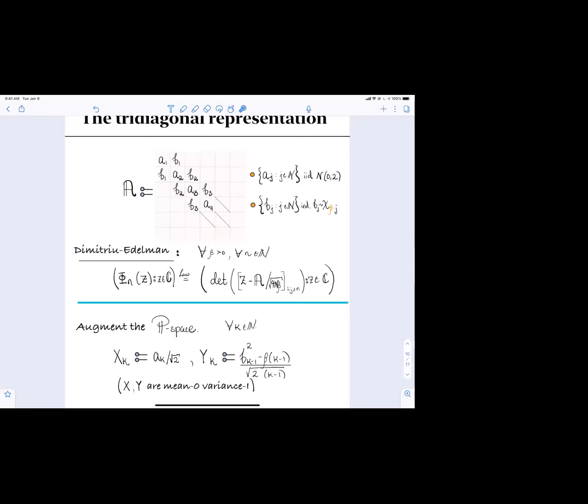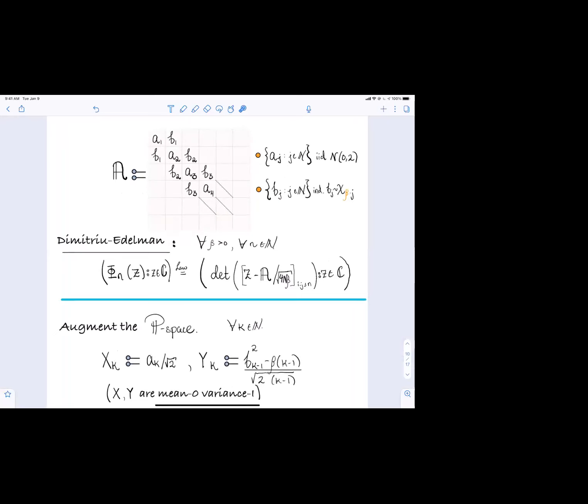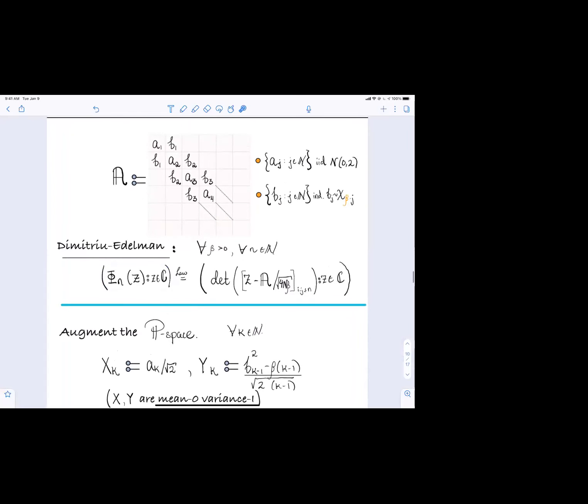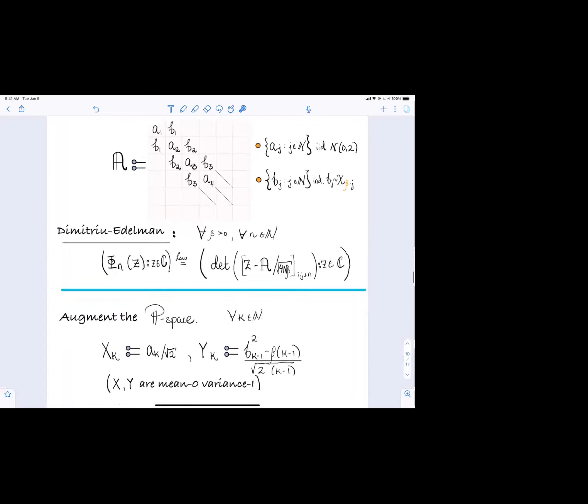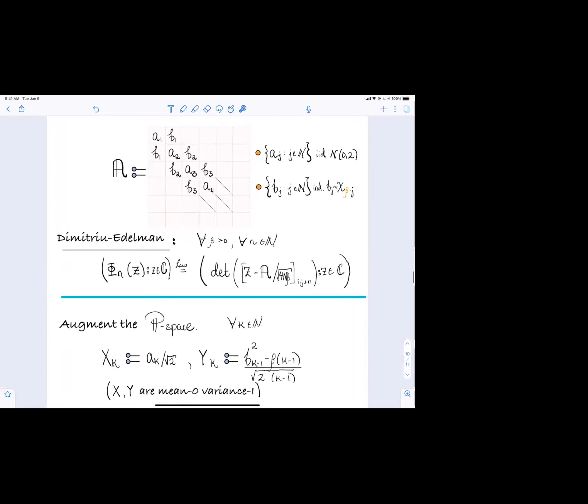And if you take a finite submatrix, an n by n submatrix, and form the determinant of it, this is a monic polynomial, and it's actually equal in law to the characteristic polynomial of a G beta E, a Gaussian beta ensemble. So this is an explicit way of representing the characteristic polynomials of Gaussian beta, as a determinant, as a characteristic polynomial of this tridiagonal matrix.